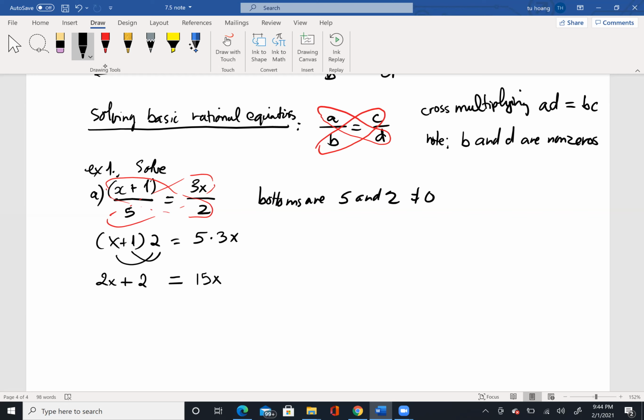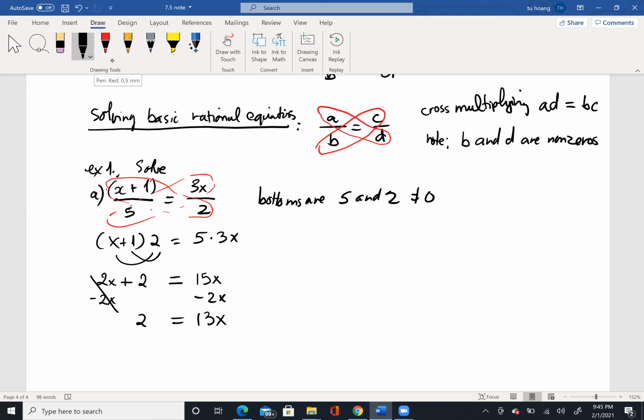So now what is next? You have both sides that have the variable. The left-hand side has 2x, the right-hand side has 15x. What you should do is subtract both sides by 2x. Let's say we have 2x here, minus 2x here, and then you will have 2 on the left-hand side, and the right side is equal to 13x.